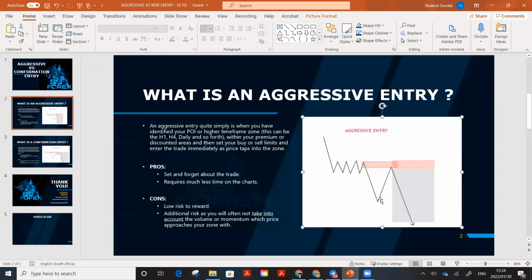If you're setting a buy limit or sell limit and forgetting about it and coming back later to check on it, you might find that sometimes it could activate you and smash your stop loss. That is because you did not take into account the momentum or volume at which price approached your zone. So it's not always the best entry to take, and obviously that's why you've got a confirmation entry.